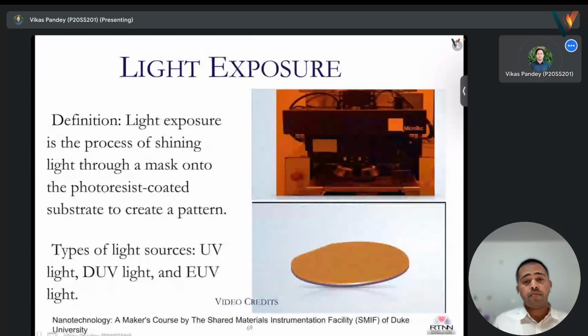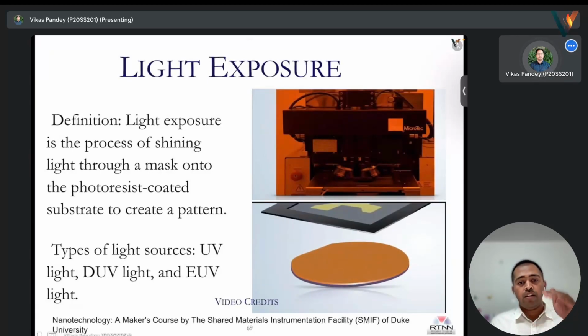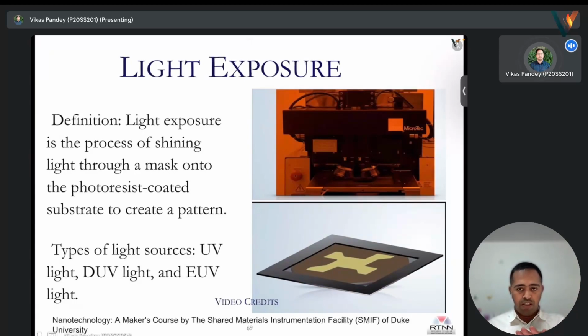Then using the mask alignment technique, we are putting a photomask over it, and then we are putting some light over it, that is UV light, and that will expose the area that is not covered by this mask.